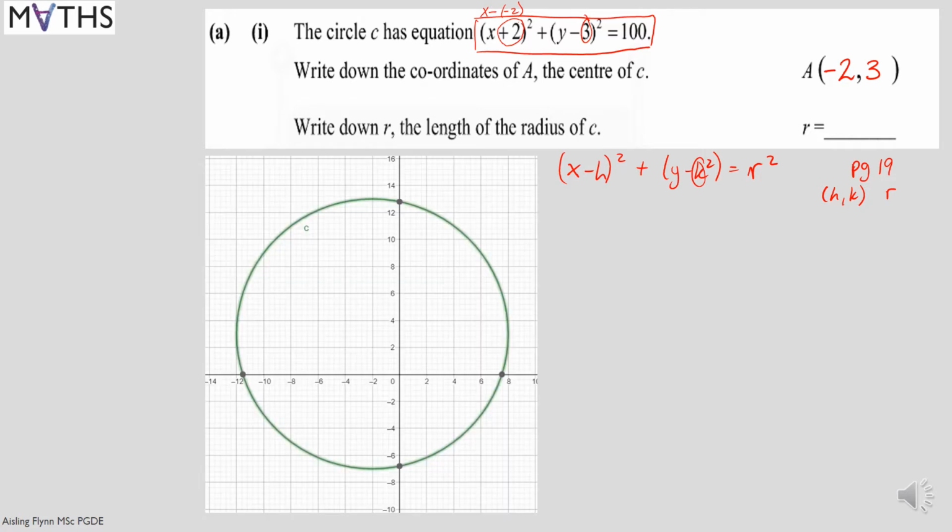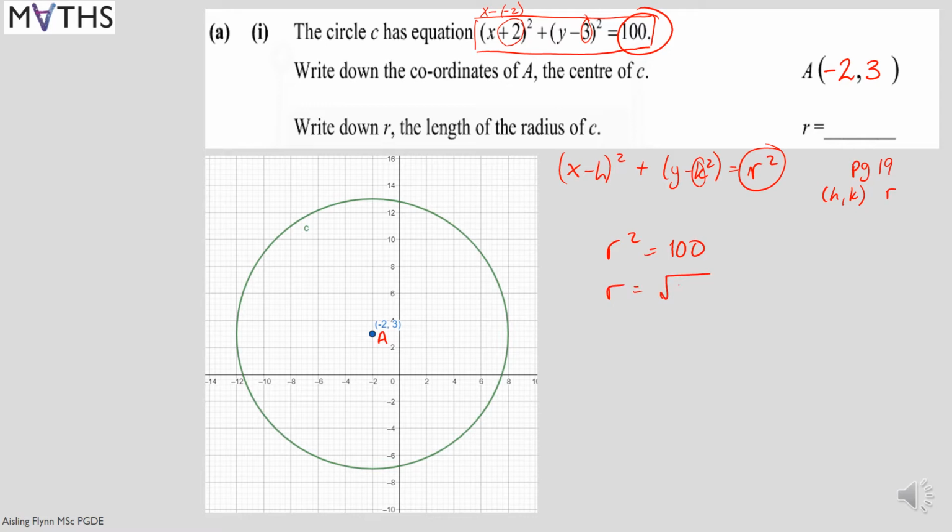This is what the circle would look like. There's our centre A at (-2, 3), and we also have to write down the radius, r, which is the length of the radius of C. By comparison again, r² is equal to 100.